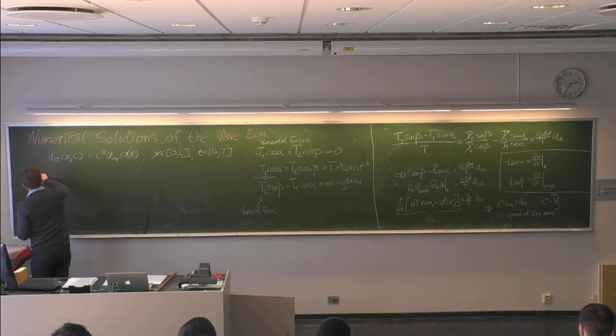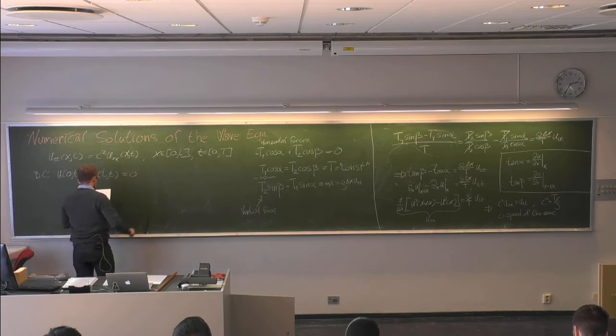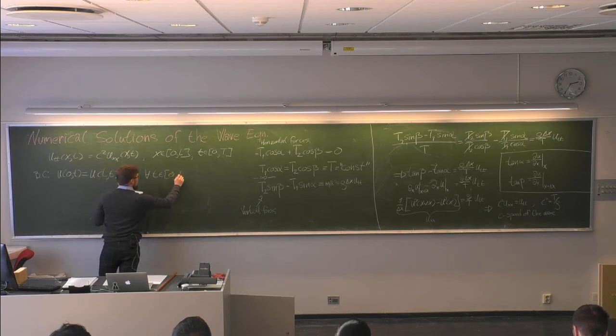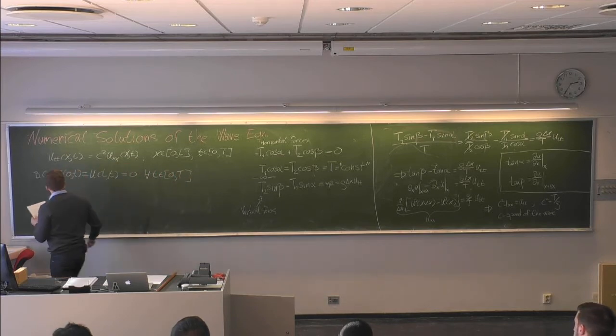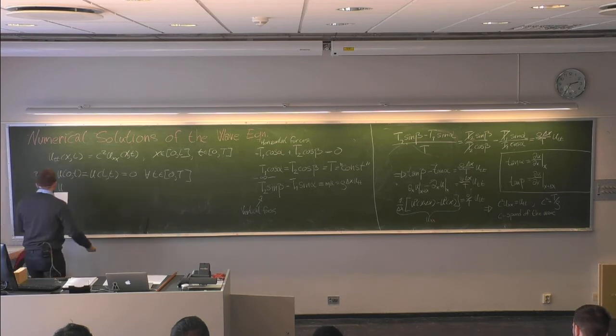Then we will have some boundary conditions. At the endpoint 0, u should always be equal to 0, and u of L, t equals 0 for all t inside our interval from 0 to T. We'll also have an initial condition, or initial state of the string.